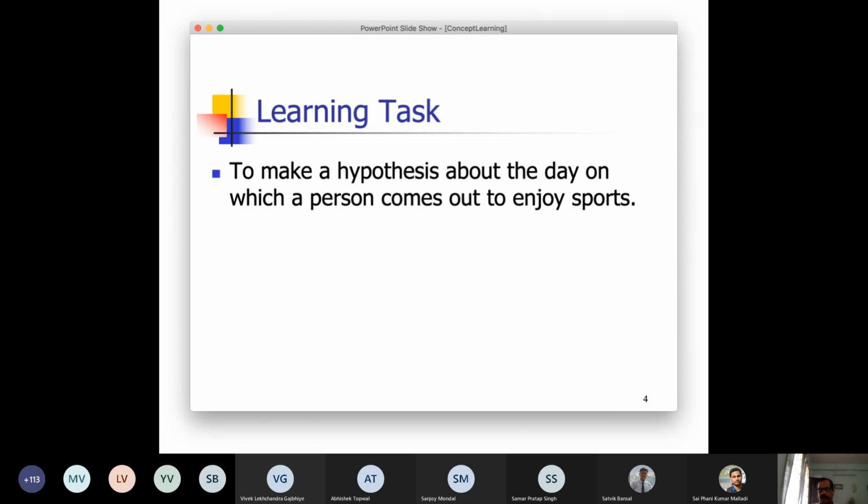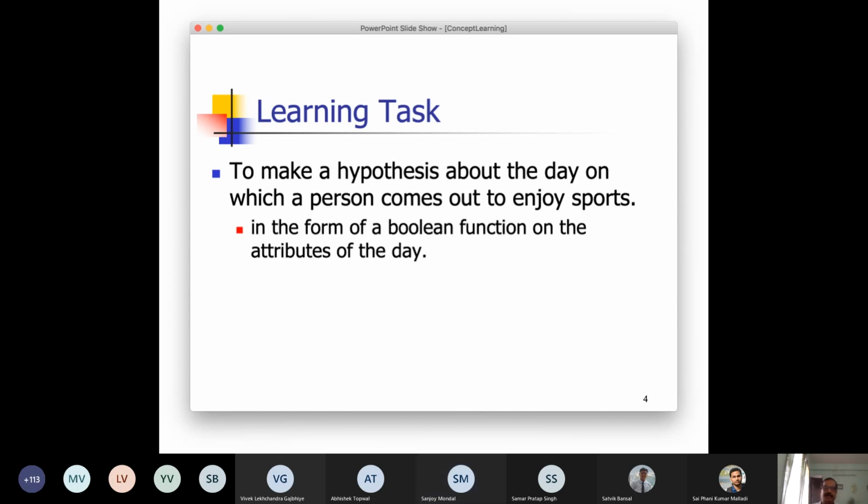In this case, it is a kind of formula that you are going to learn, where each attribute value will be expressed like a Boolean literal. Then the combination of those literal values will tell you whether your prediction is true, meaning it is good for enjoying sports, or false, meaning you cannot enjoy sports. That is the kind of prediction. That is your learning task.